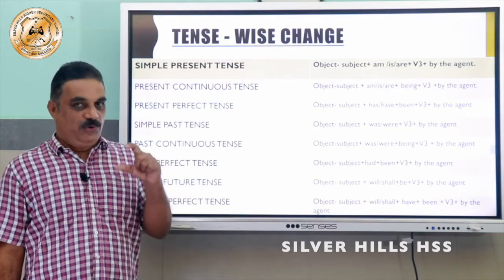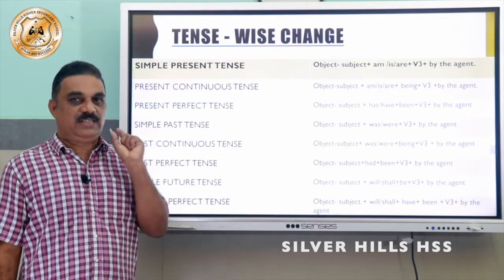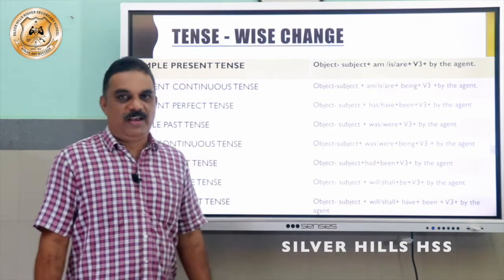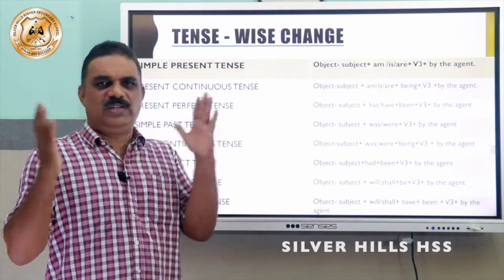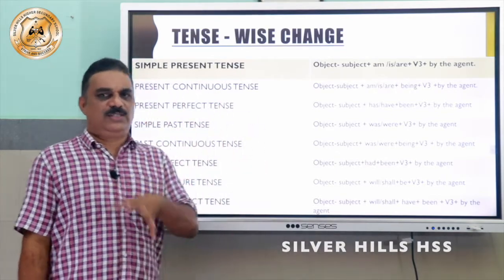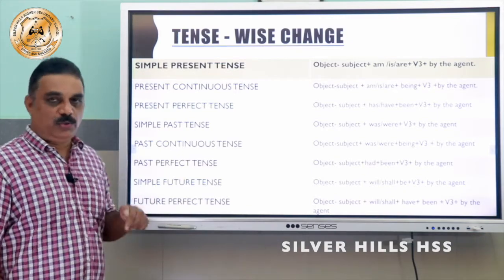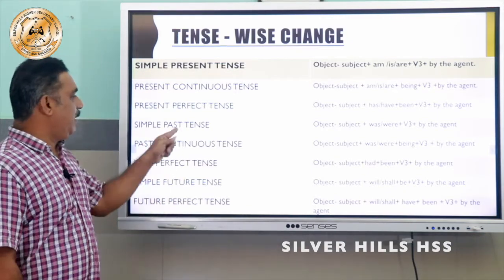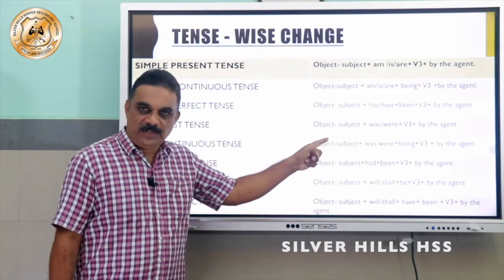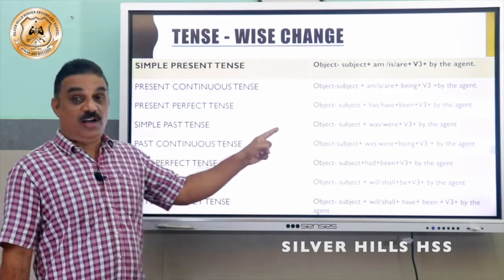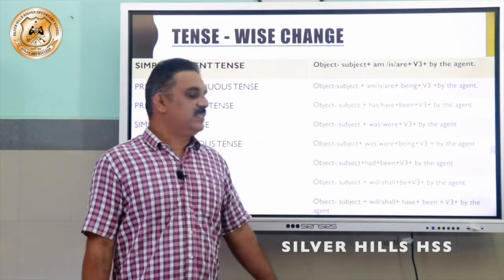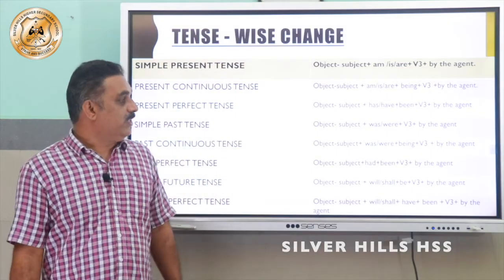And for present perfect continuous tense, there is no passive form, and perfect continuous tenses don't have passive forms at all. Now we are moving to past tense, simple past, object into subject plus was or were plus V3 plus by the agent.